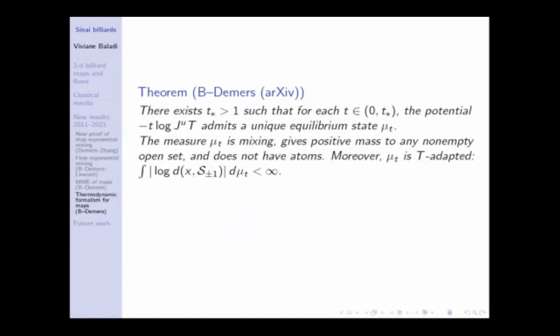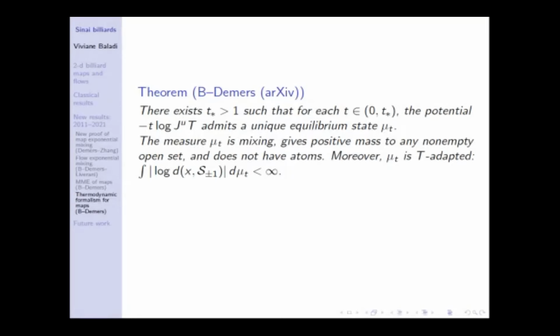Okay, and so that's the last result which I will mention today. I think I still have 10 minutes, right? So this is the last result I will mention today. And what we could do is we found a limiting value, which we call T star, which is strictly bigger than 1.